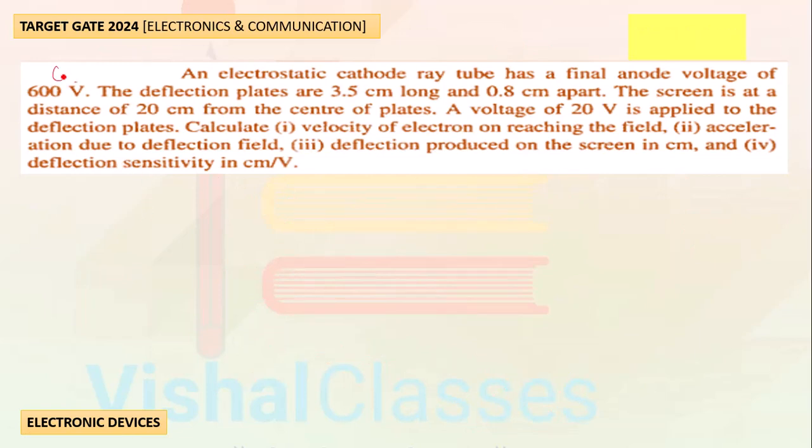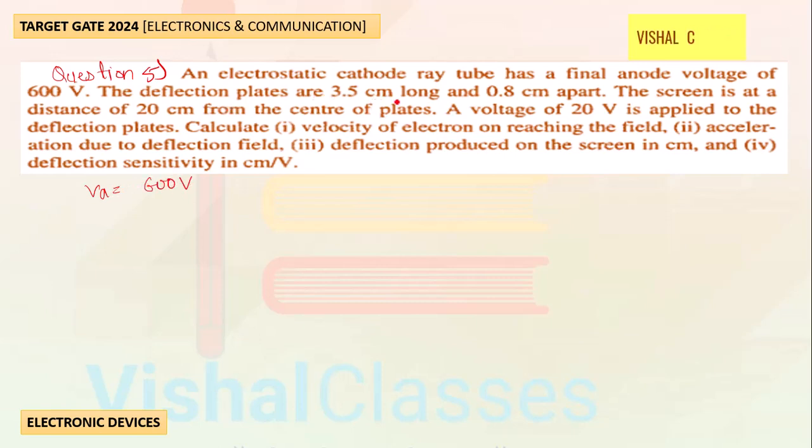See question number 5. What is it telling about? An electrostatic cathode ray tube has final anode voltage VA of 600 volt. VA is given as 600 volt.